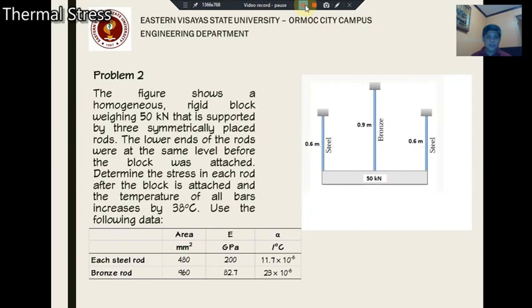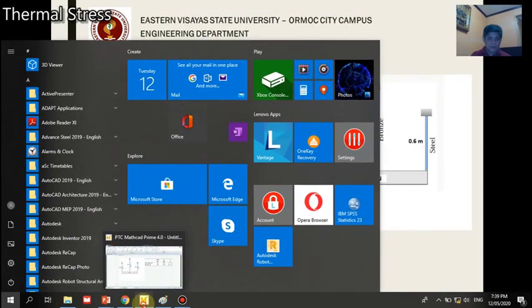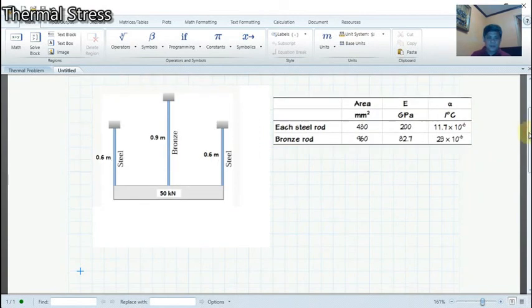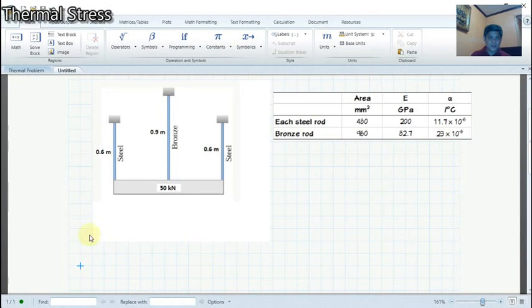Okay, so let us move now to our worksheet. So the first step is to determine the equilibrium equation.